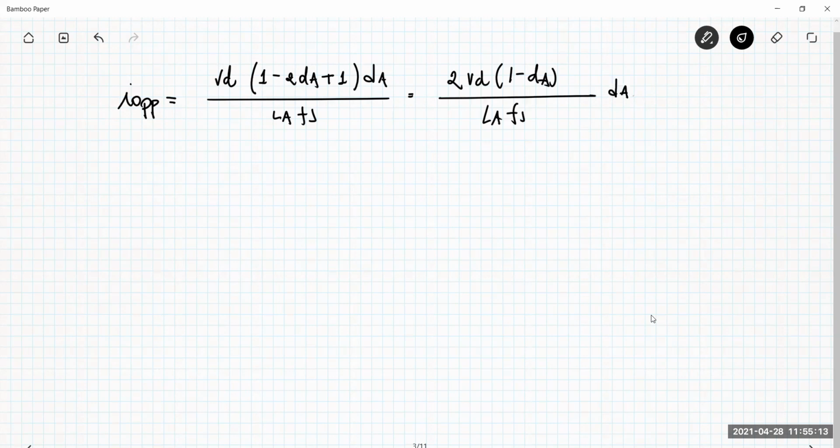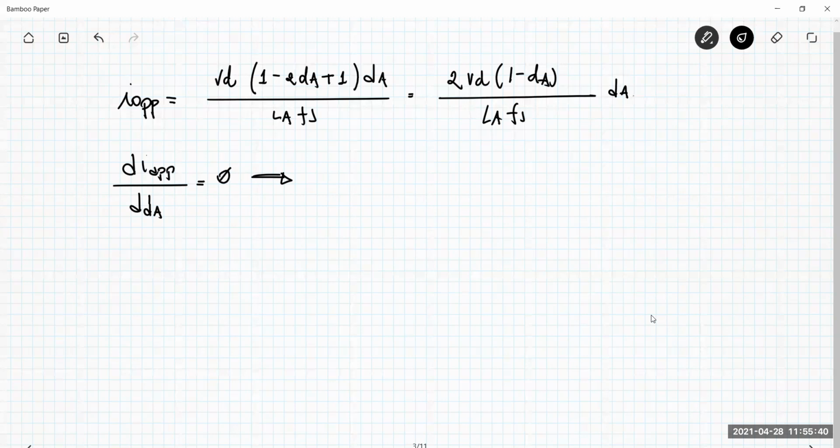Now we have to search for the maximum ripple that we can get in this bipolar pulse width modulator. That means I have to take the derivative of this ripple with respect to the duty cycle dA and set it to 0. In this way I can find the duty cycle dA for which I get the maximum.